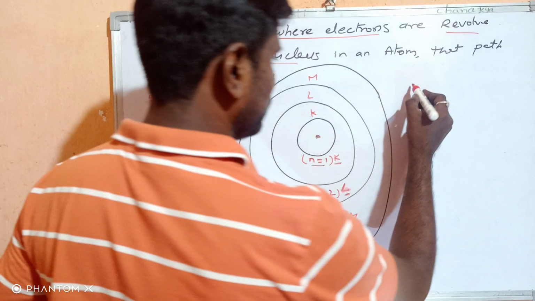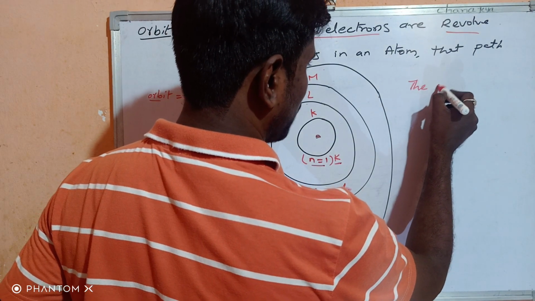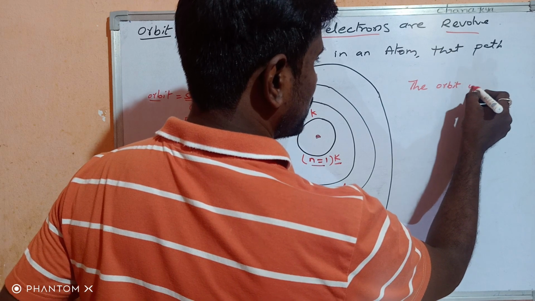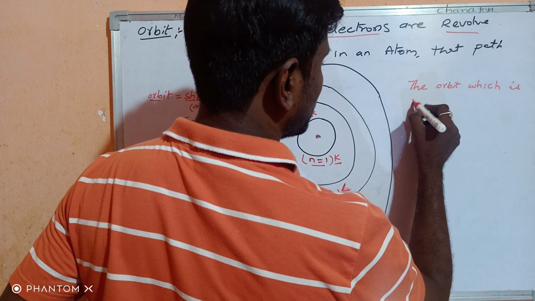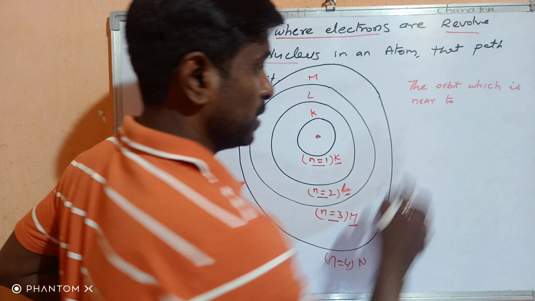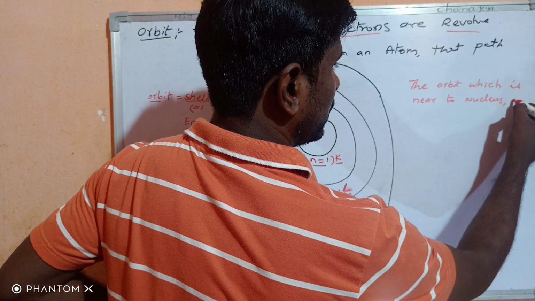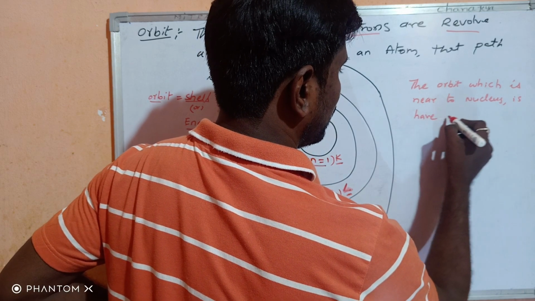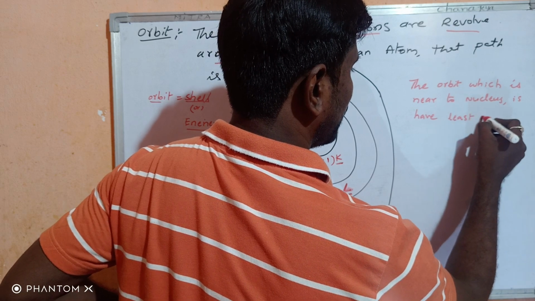The shell or orbit which is near to the nucleus has least or minimum energy.